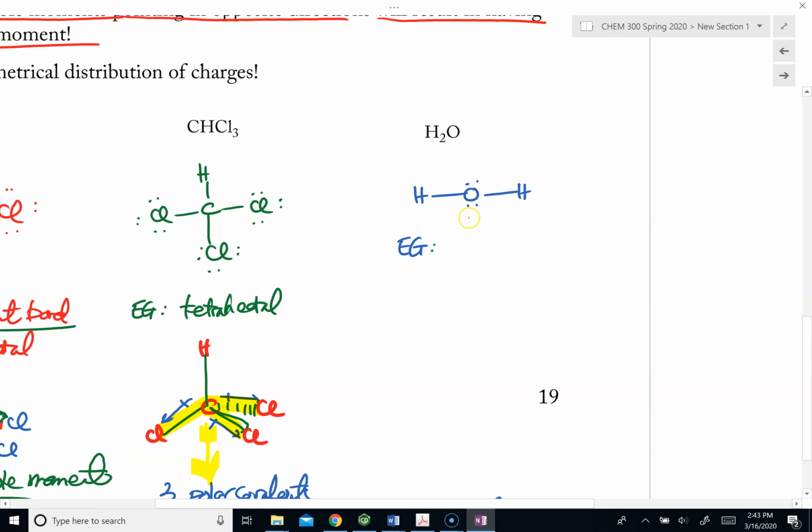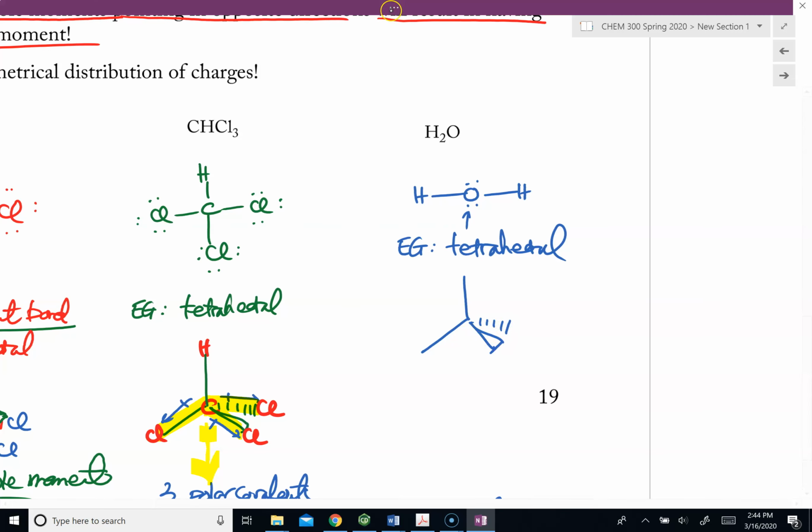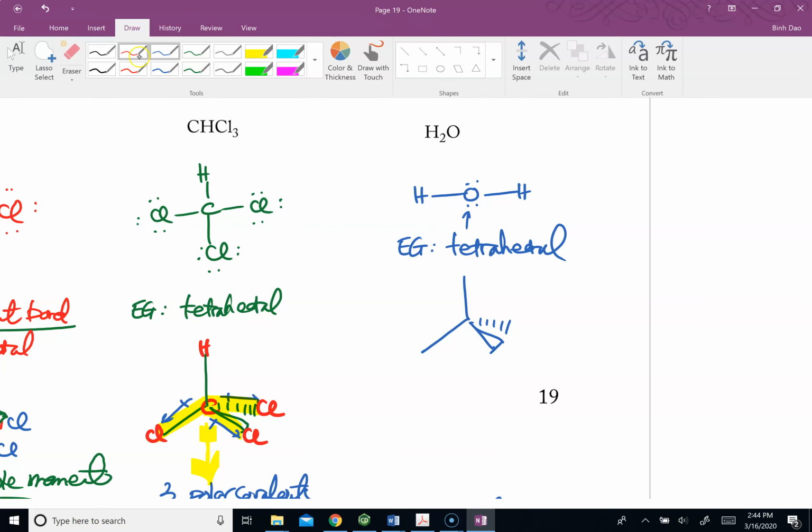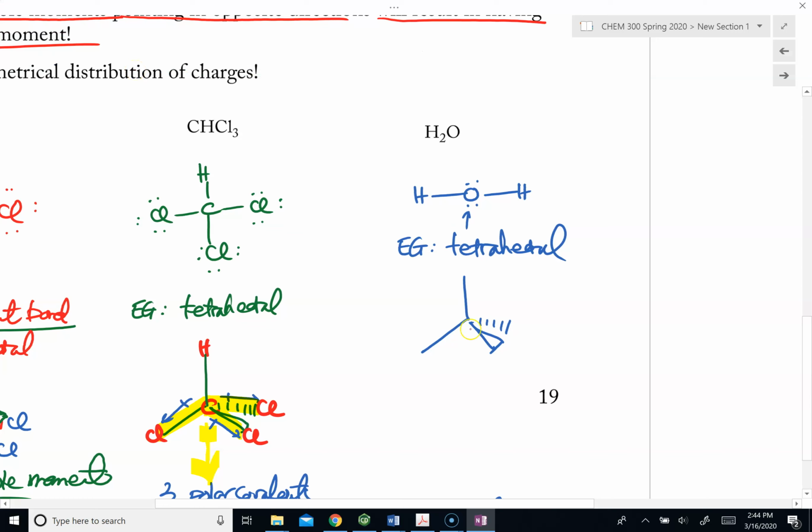The electron geometry of the central atom oxygen here is tetrahedral as well. So we will start with the tetrahedral backbone, and that's what it would look like. Now we put in the central and the terminal atoms. The central atom is the oxygen, and we can put the hydrogens anywhere. And here will be 1 lone pair of electrons, and here is the other lone pair.